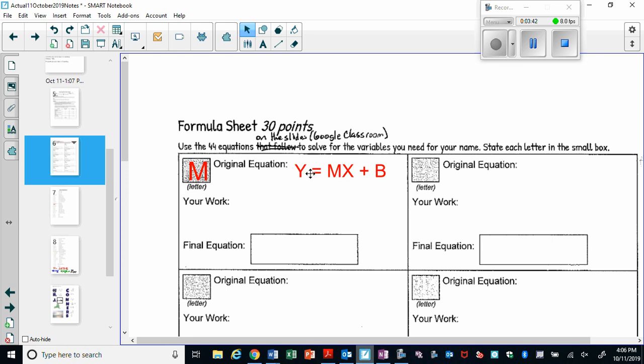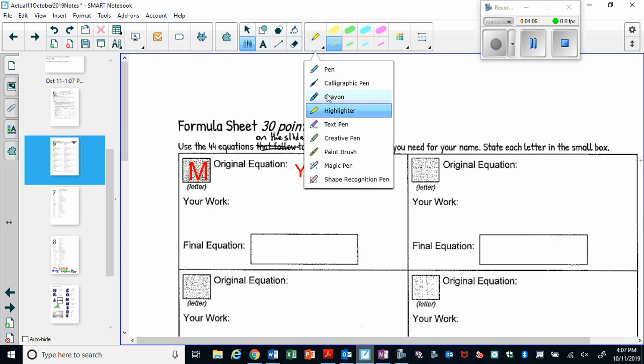So I chose the equation y equals mx plus b. This is an equation of a line, which you will see very soon. Now, I want to get M isolated. So, highlight the letter M. I do highlighting; you could circle. But just so you know, this letter needs to be isolated.